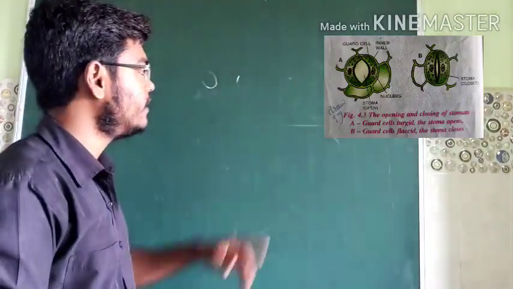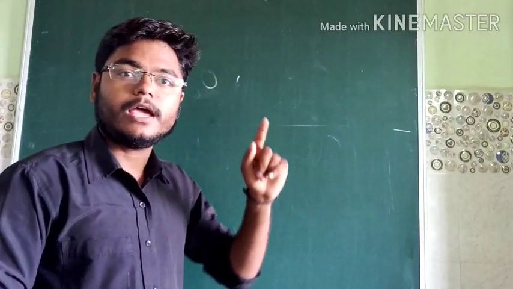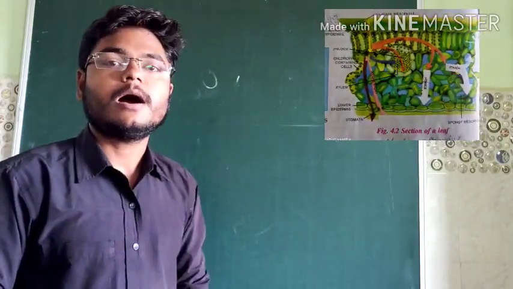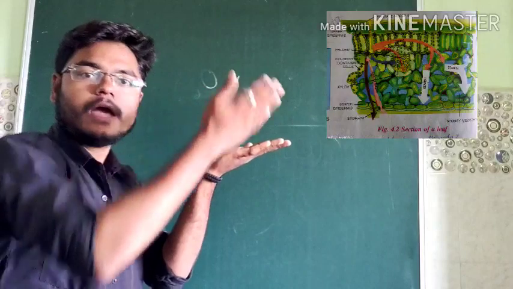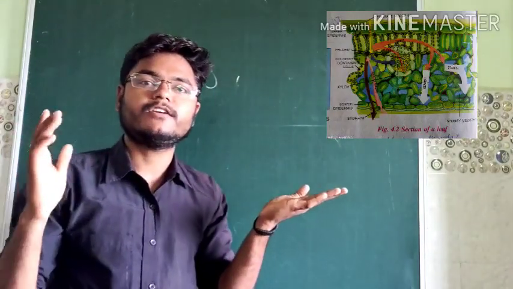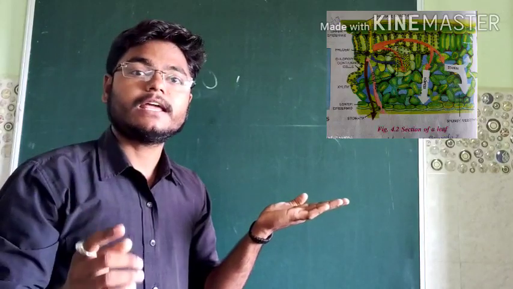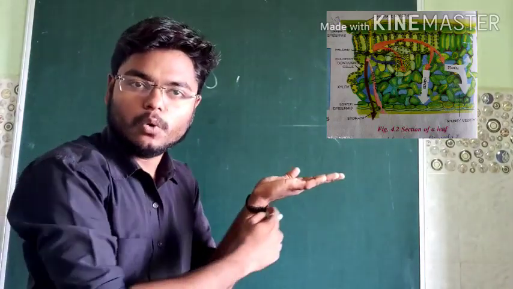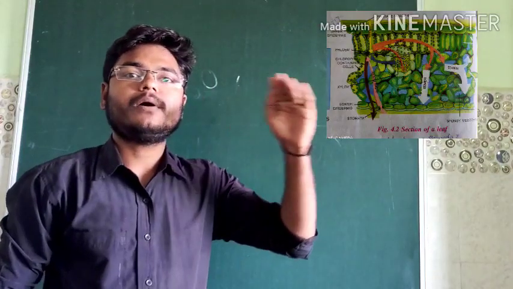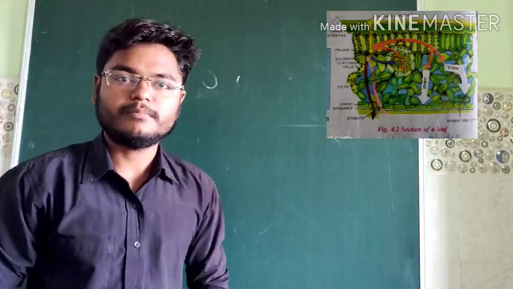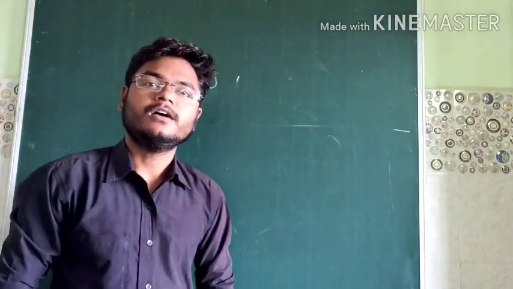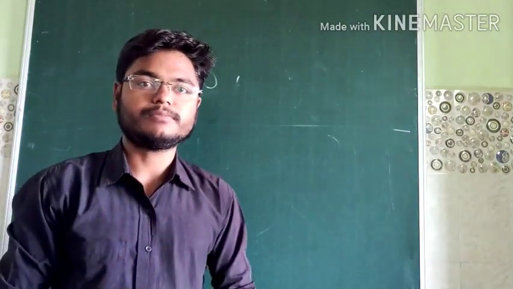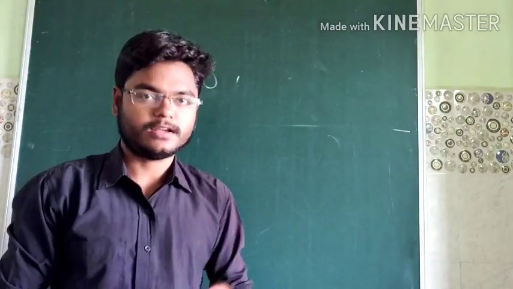There are the guard cells, and they are available in the leaf just below the upper epidermis and lower epidermis, means on both sides, upper layer also and lower layer also. As you can see in figure number 4.2, there is an upper epidermis and lower epidermis. Epidermis means upper layer, epi means upper, and dermis means layer or the skin. As we are discussing derms and skin cells in biology, you may know what is meant by derms or layers.